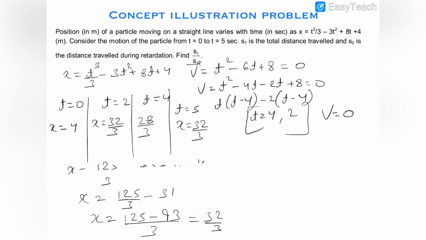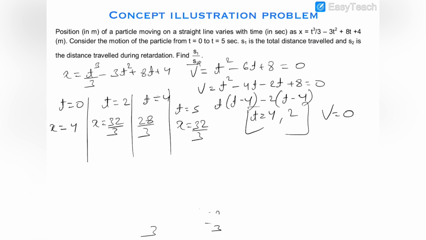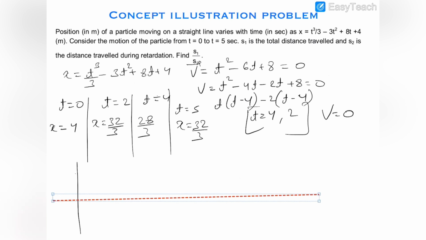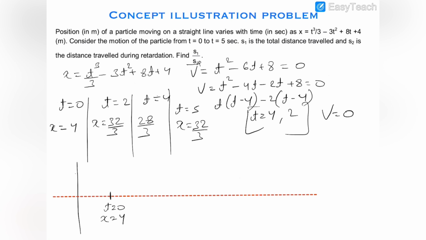Now let us again trace the particle at this time and let us find out what is happening. Now you can see that at t is equal to 0, x is 4. At t is equal to 2 seconds, this is 32 by 3, which is almost 10.66.